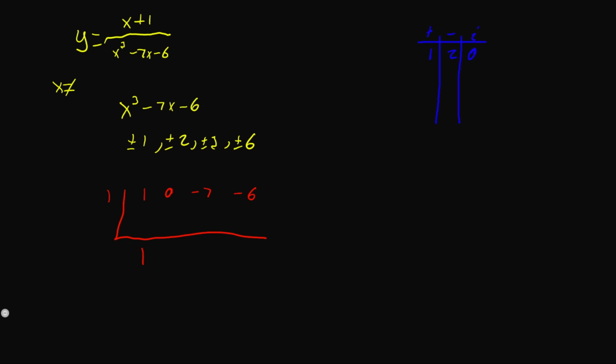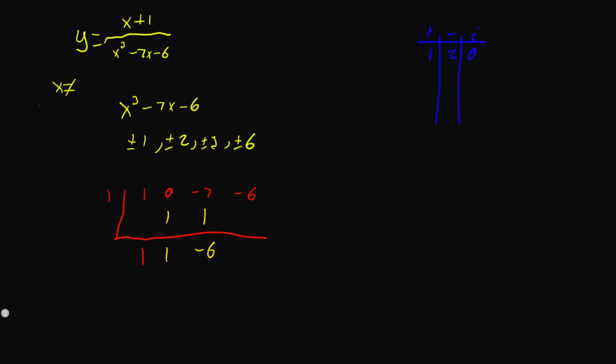Now we want to multiply our number that we're dividing by and our number that we get. So 1 times 1 is equal to 1. Then we add, giving us positive 1. We multiply again, which gives us 1 again. Now we add downward, giving us negative 6, because negative 7 plus 1 is equal to negative 6.